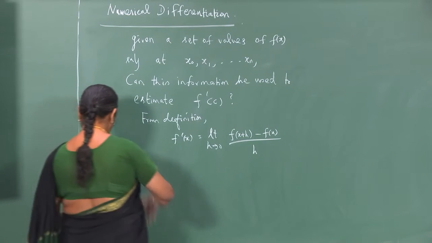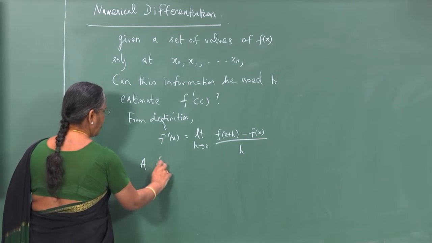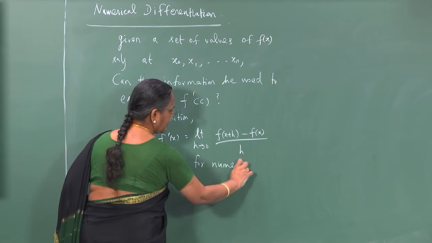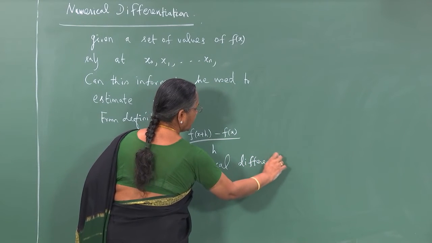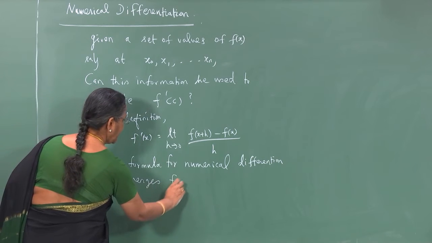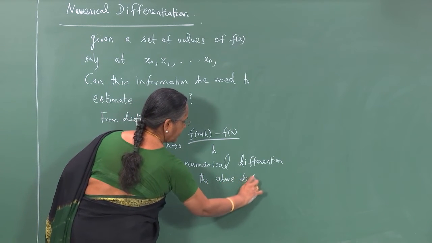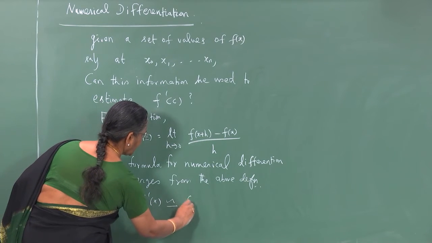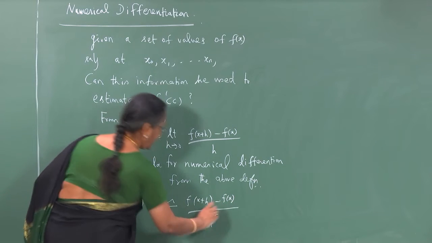So, this definition is such that a formula for numerical differentiation emerges from the above definition, namely f prime x is approximately f at x plus h minus f at x divided by h.